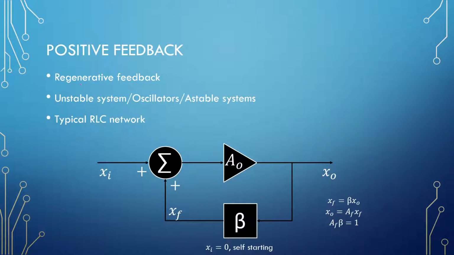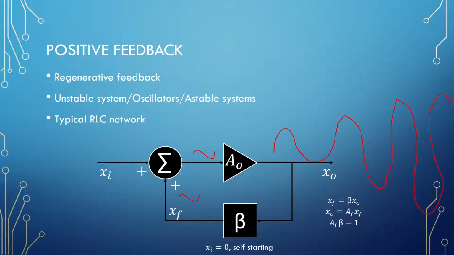Positive feedback is known as regenerative feedback, and in short, if we insert a small signal into our amplifier, we get out a large signal, and a portion is taken of that to the back here and then added to the original input. So this means that your output will grow and grow and grow and become very, very unstable.